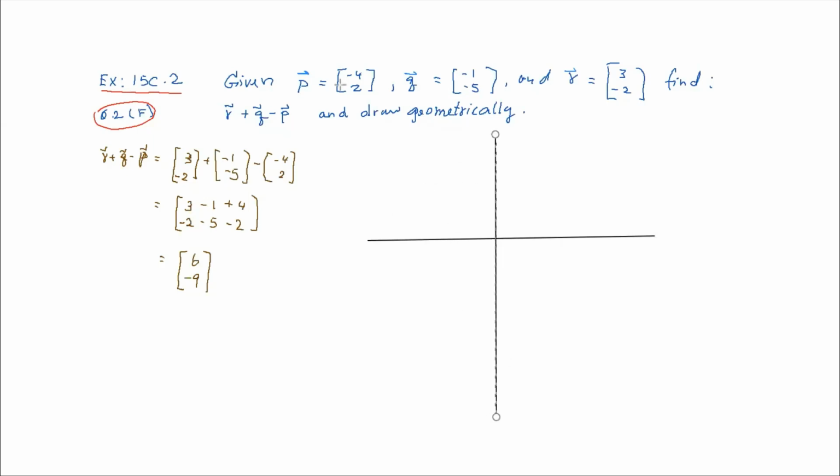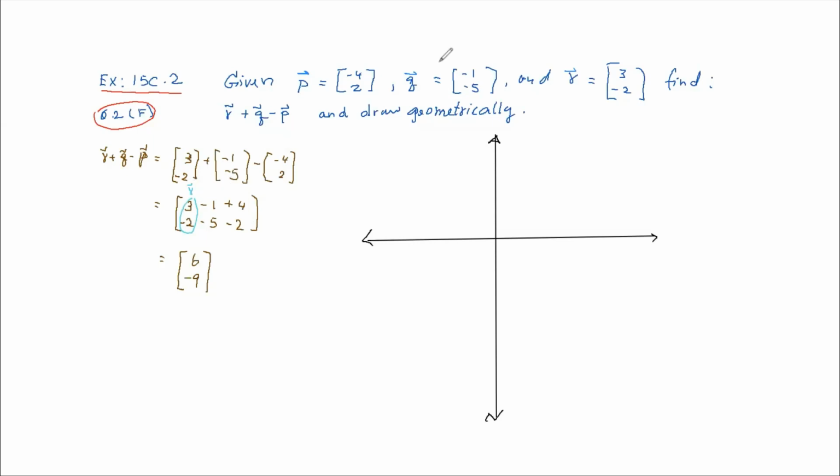So now we start to draw the graph. When you plot the graph, you can set it like this one. Say this one where you plot first, 3, -2 here. This one you plot as R.